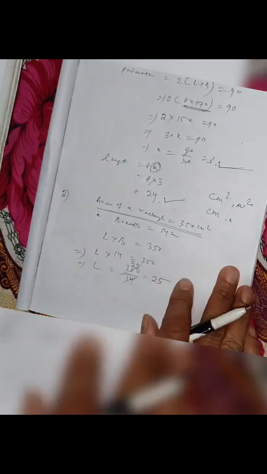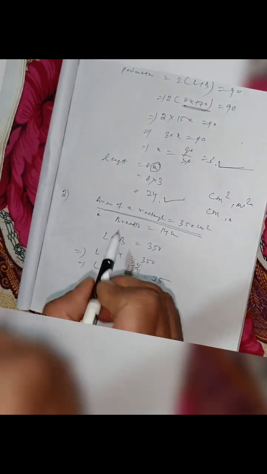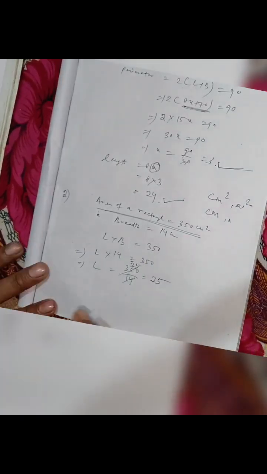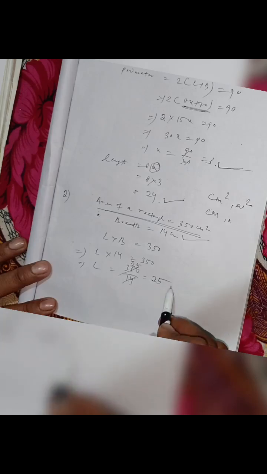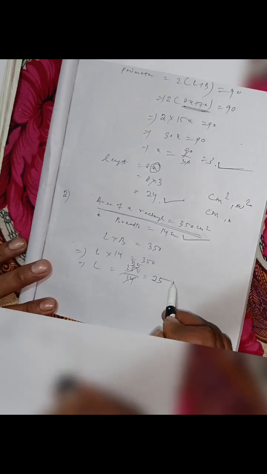But the question asks you to calculate its perimeter. Here breadth is given, that is 14 centimeter, and length is already calculated as 25.